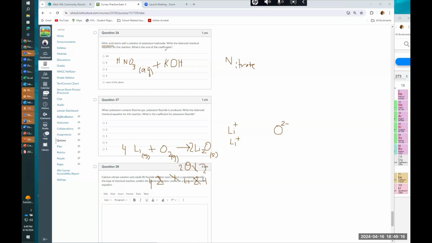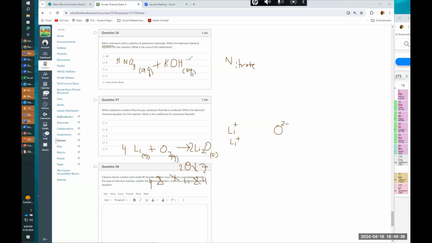Positive. Okay. And then hydroxide, negative. Okay. And there's one of each. So they balance each other out perfectly. So then I'm going to erase those charges because I know that they don't come with charges. They also told me it's a solution. So that's going to be AQ, right? In the aqueous solution.